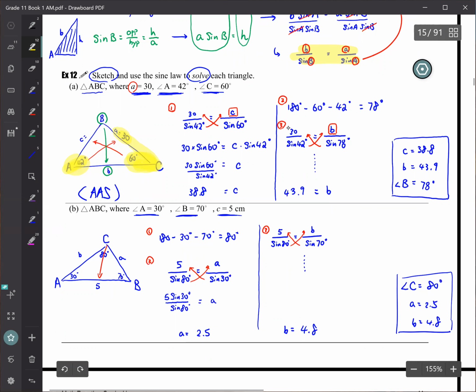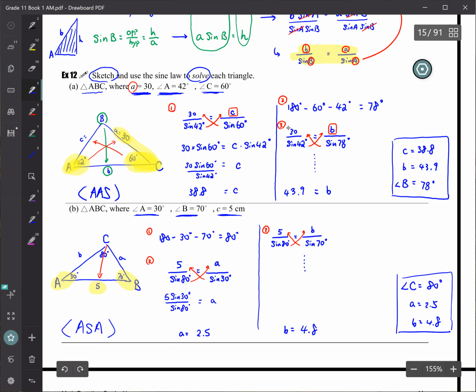Now for question B, they give you angle A. They also give you angle B. And then they give you a side that's in between. This case is called angle side angle, which means you are given a side in between two angles.